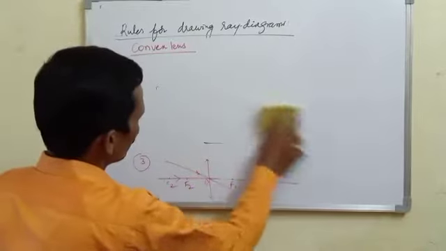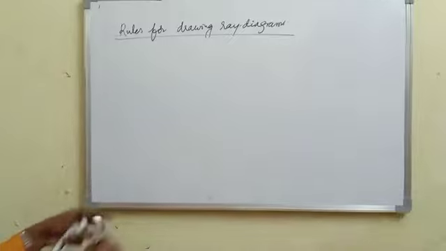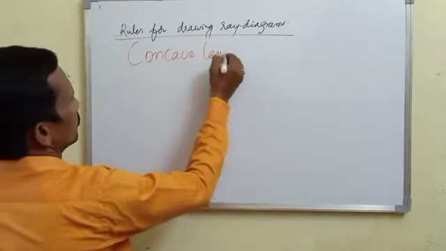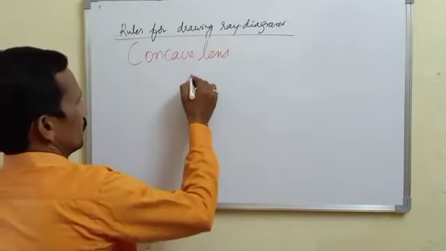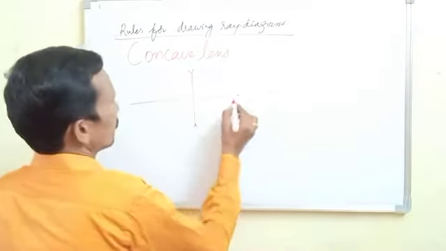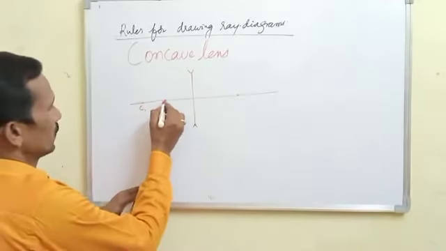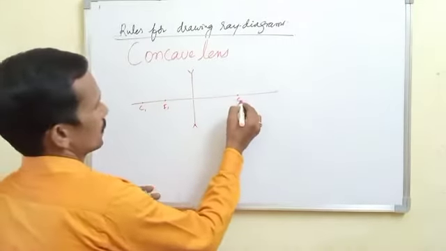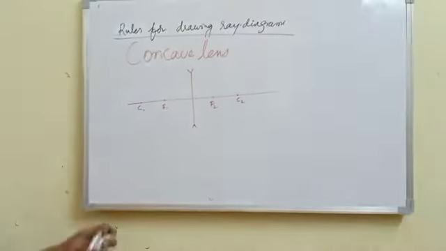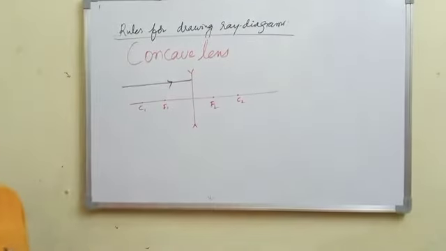Now let us observe the concave lens. Here it is, the concave lens. In a concave lens, it is the first curved surface. So here is C1, here is F1, here is C2, and F2. If a parallel light ray is incident on a concave lens, what happens?